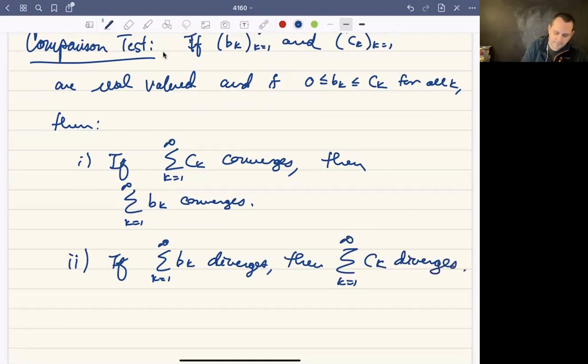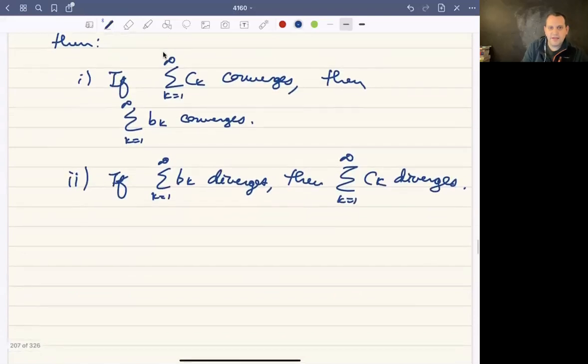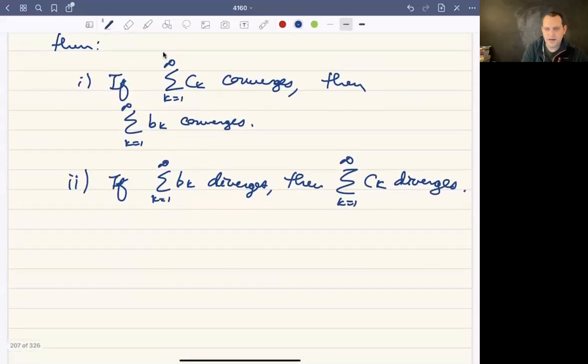Okay, and that's the comparison test. I like to think about the comparison test, even though it's not exactly a legal way to write this, that if b sub k is less than or equal to c sub k for all k, that implies that the sum of b sub k is less than or equal to the sum of c sub k.